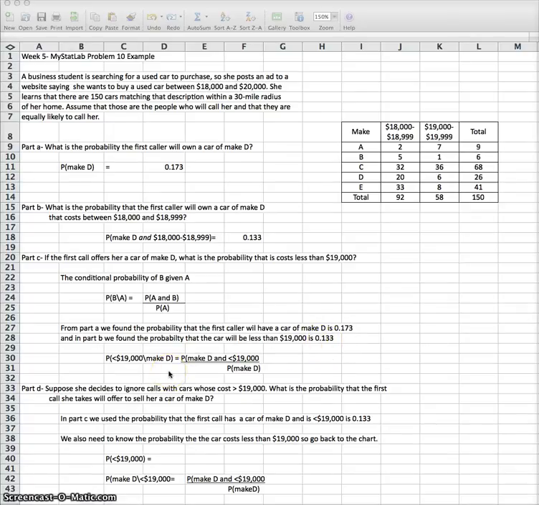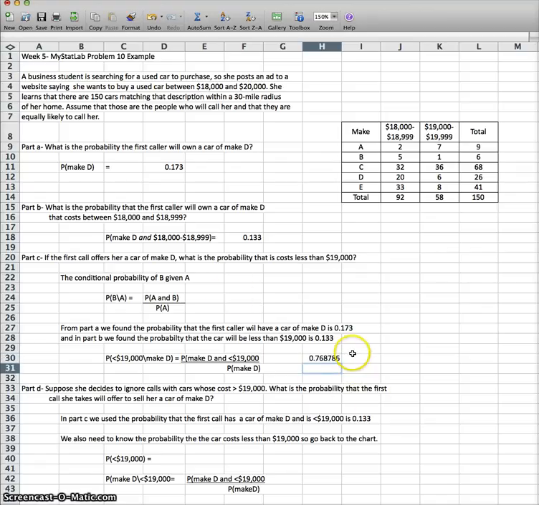So to find the probability here, again we'll say equals, in this case, 0.133 divided by 0.173. Again, enter.